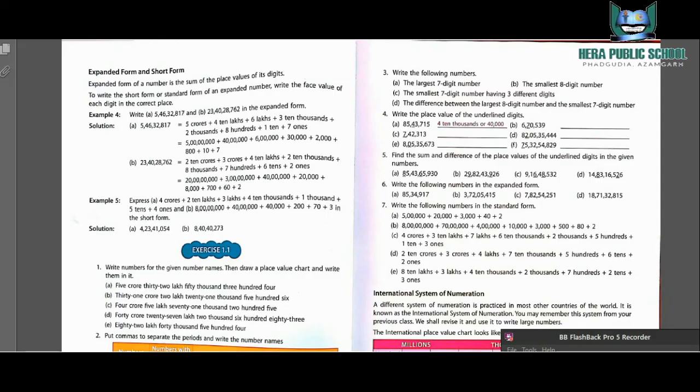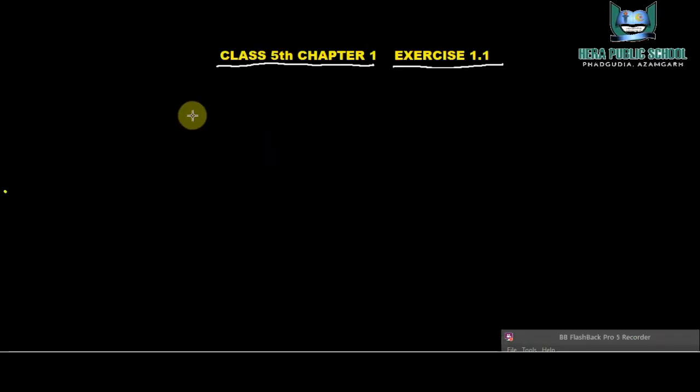Question number C, the smallest 7-digit number having 3 different digits. If we write 7-digit smallest number 1 2 3 4 5 6 7, this is the 7-digit smallest number, and we have to write 7-digit smallest number but having 3 different digits. Look at the number, we get 2 digits only. This is 1 and second is 0.